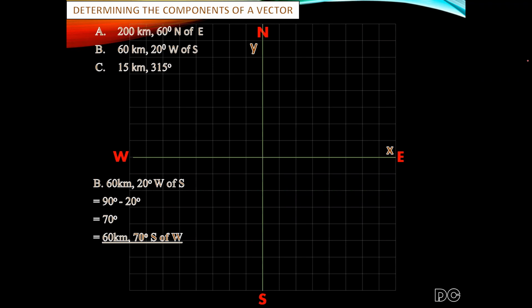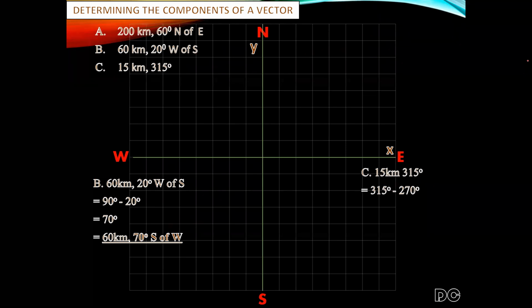So to make it less than 90 degree, since 315 degree passes through the south, we will subtract the angle that is equal to south, which is 270 degree. So 315 minus 270 is equal to 45 degree.